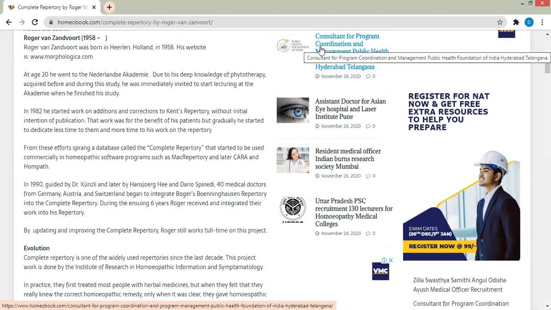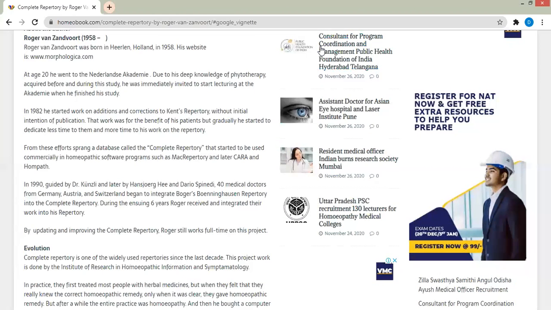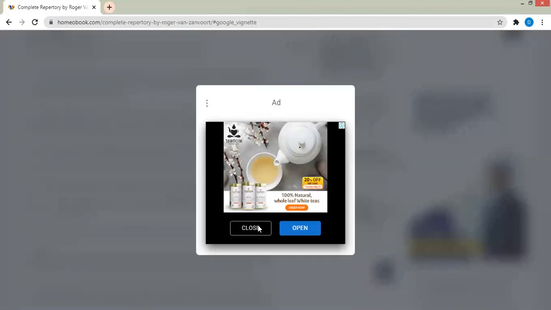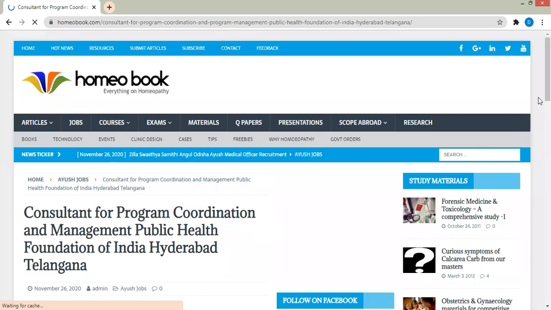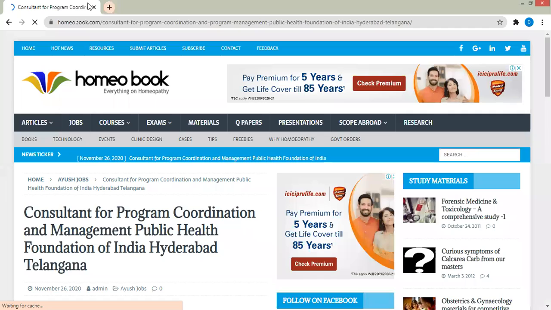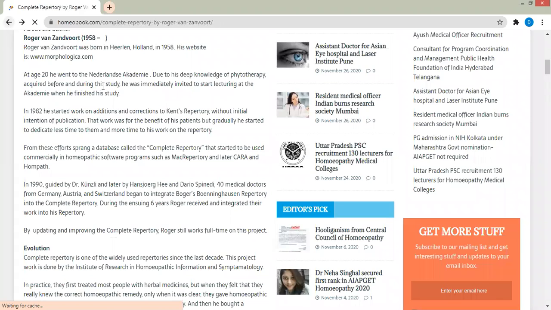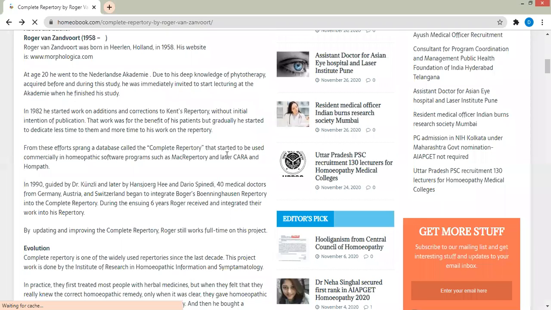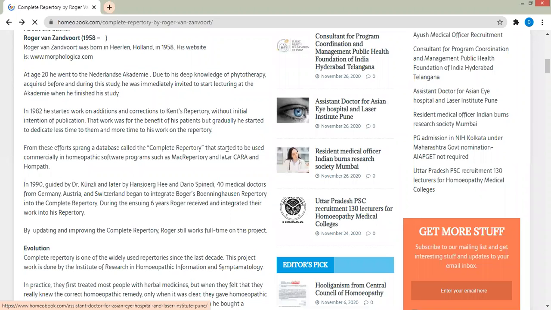Due to his continuous efforts he was able to construct a repertory that has symptoms related to the whole body, each part in detail, as well as remedies. Most of the remedies are covered in this repertory.